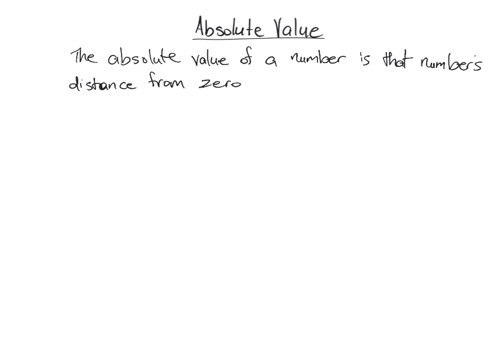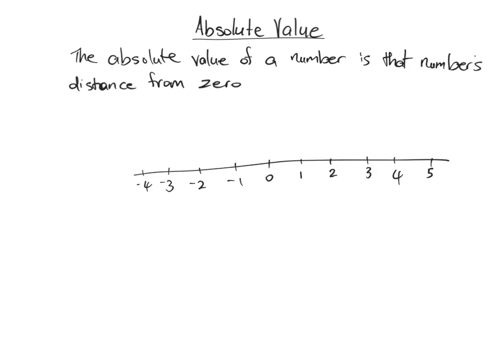So for example, let's get a number line here again. We have 0, 1, 2, 3, 4, 5. And on the negative side, we have -1, -2, -3, -4, and it seems I've run out of space, so that's okay. We'll put the arrows to indicate that they go on in both directions. Let's say I wanted to know what the absolute value of -2 is.